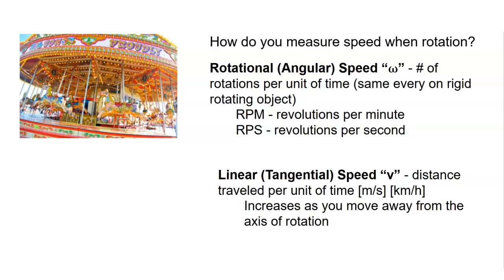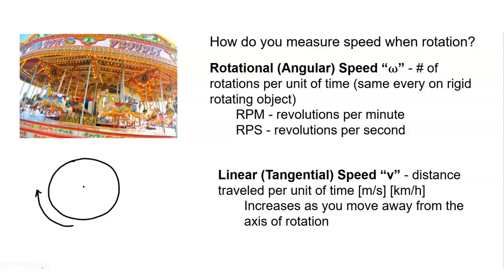Next, we can also measure what's called the linear or tangential speed. The symbol for this is V. I want to just take a moment and illustrate this. So here we have a circle, and let's say that this is going in this direction. This is a top-down view of the merry-go-round.